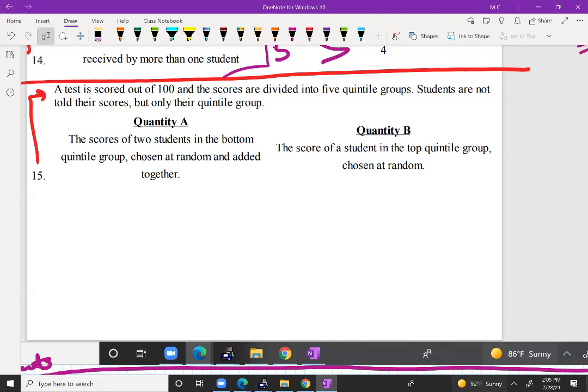I don't know. This is ridiculous. These are hard to me. I'm going to say B, but I don't know how. I'm just guessing. Yeah, let me try to do this one.